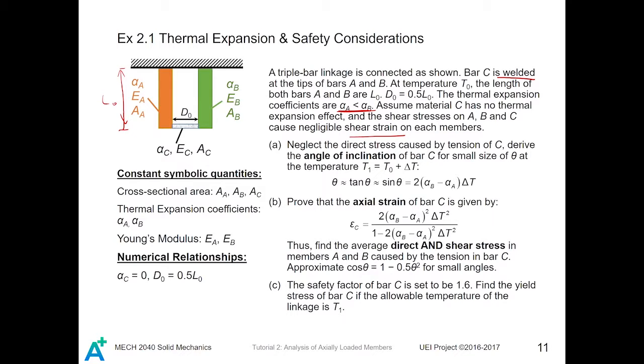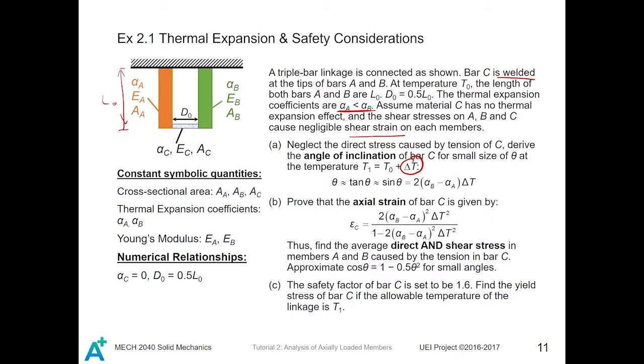Part A. Neglect the direct stress caused by tension of C. Derive the angle of inclination of bar C for small size of data at the temperature T1. T1 equals T0 plus delta T, where delta T is the change of temperature of the system.